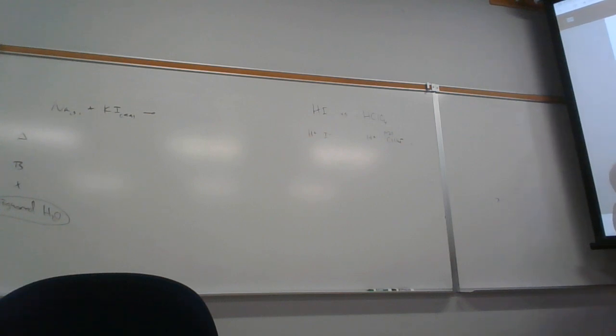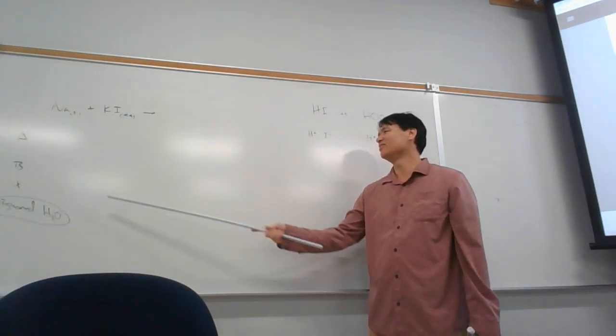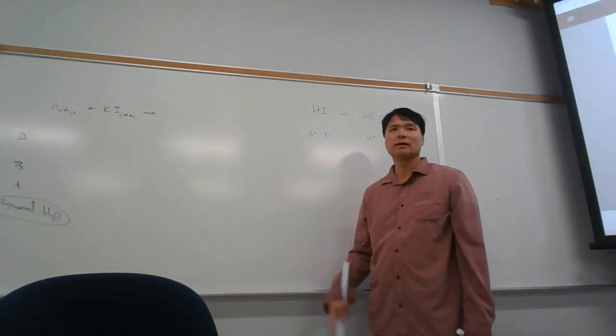So if water is an oxidizing agent, I've got to worry about these powerful reducing agents. So if water is an oxidizer, these powerful reducers will react. If water is a reducer, then these powerful oxidizers will react. And so when I'm at the extremes, I have to worry about water. If I'm not at the extreme, then I can ignore it most likely.